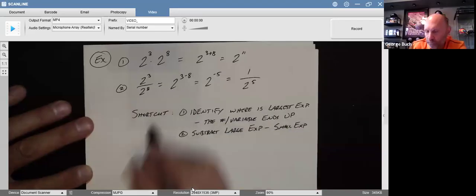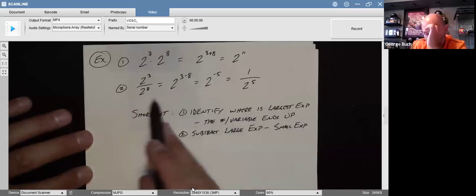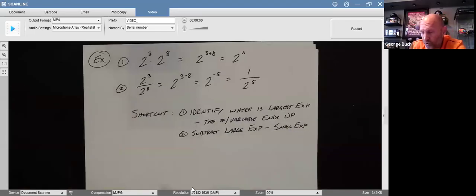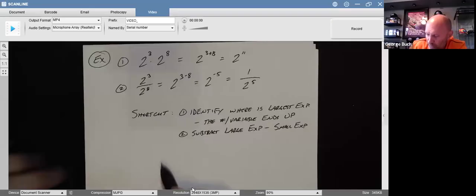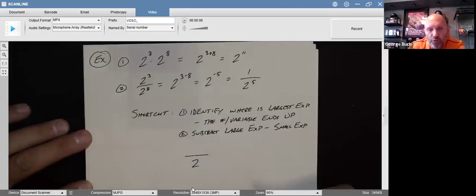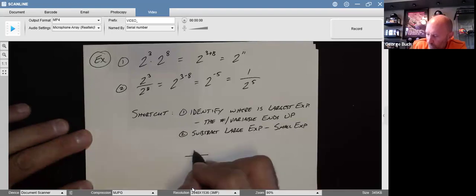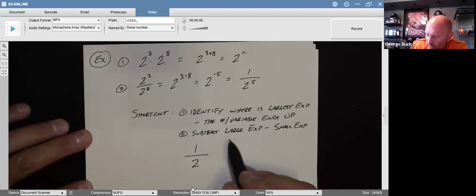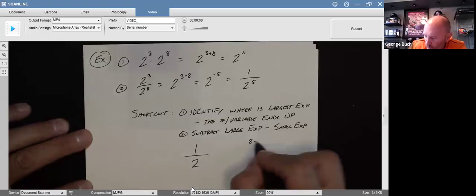So for this problem here, 2 to the third over 2 to the 8th, well, they have the same base of 2. The bigger exponent's in the bottom so that I know the base 2 is going to end up in the denominator. And then I need 1 in the top for my placeholder there. And to figure out what the exponent is going to be, it's the large one, 8, minus the small one, 3.